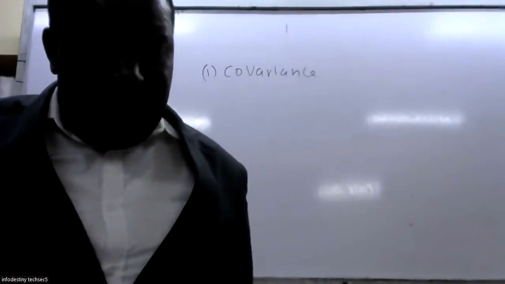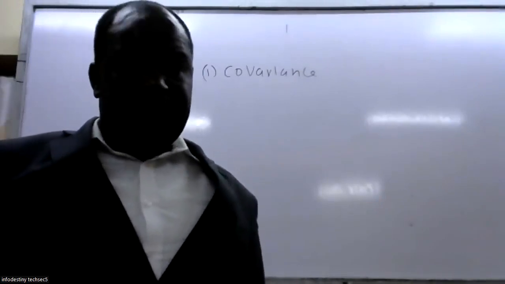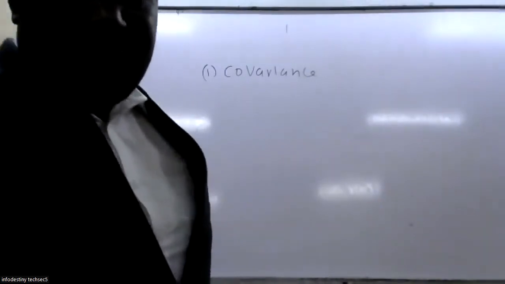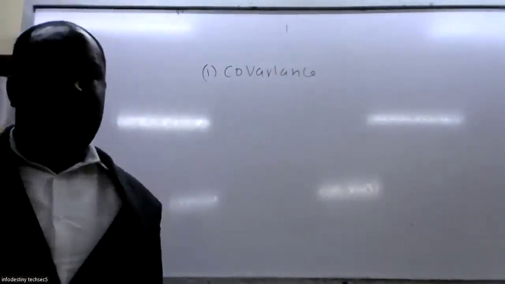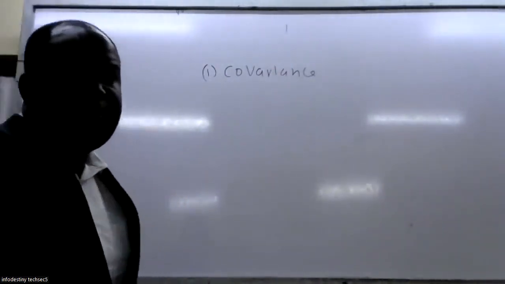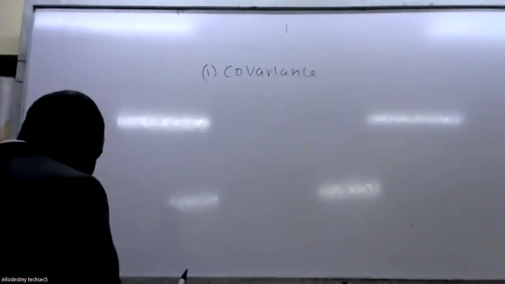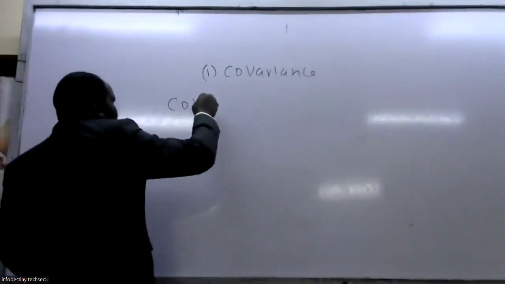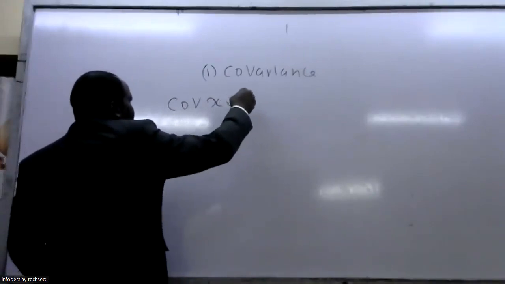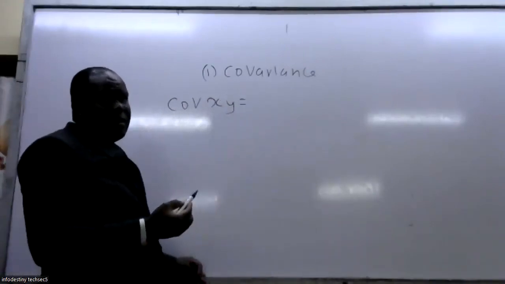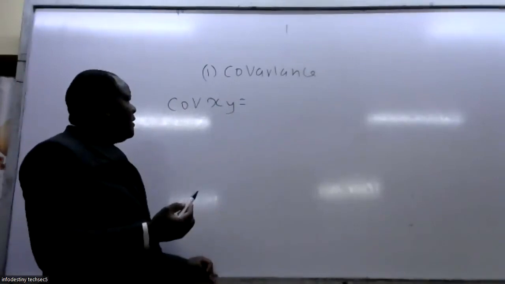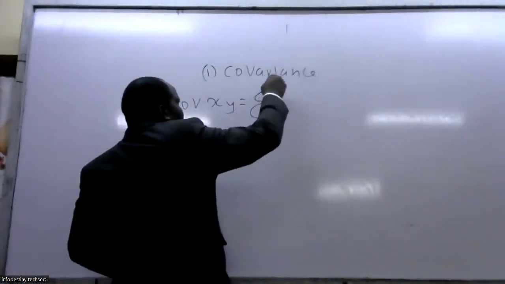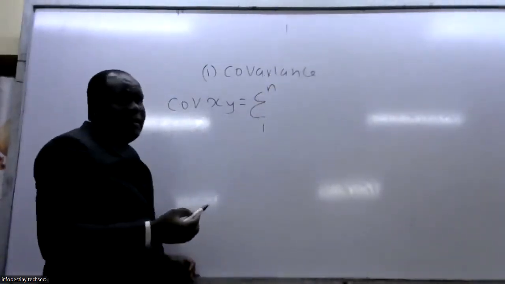It is normally expressed as follows. So to compute the covariance between security X and Y, we simply get the summation from the first observation to the last.